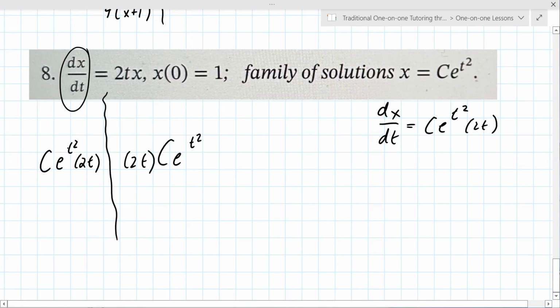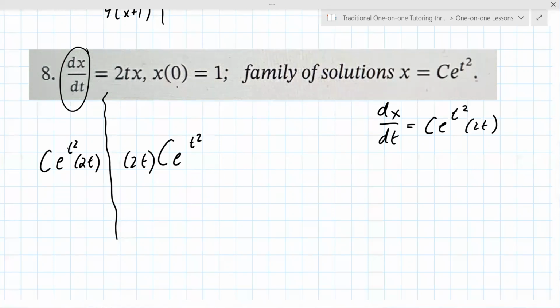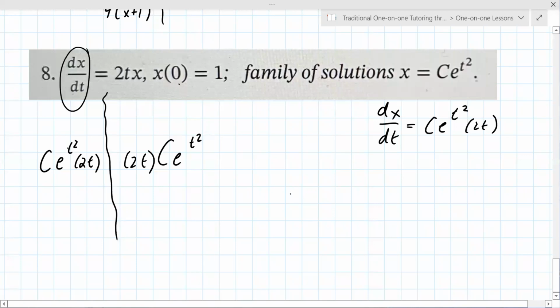Okay. What do you do with the x of 0? Yeah, so now it says first show that the family of solutions satisfies the equation for all values of the constant. We did that, so we're done. Then it says also state the exact interval in which the particular solution of the initial value problem exists. So we want to find the particular solution.